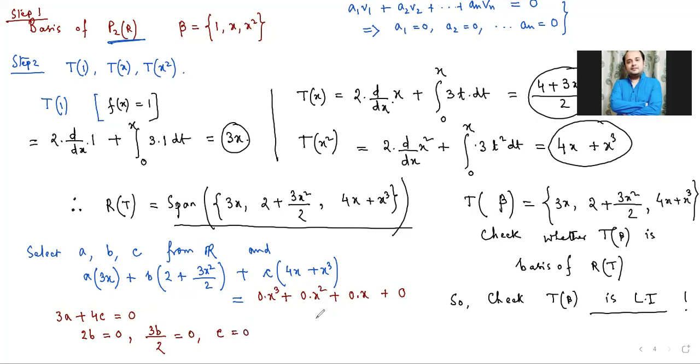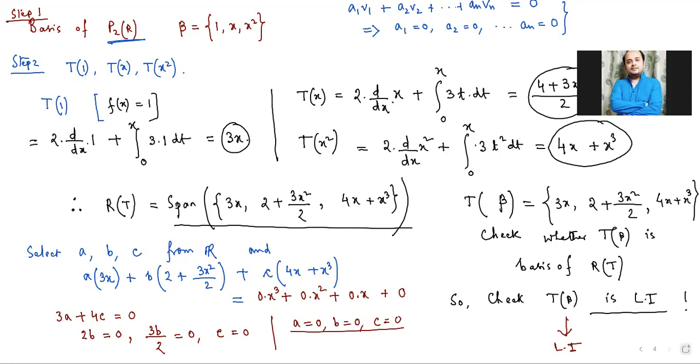Isn't it? So A, B, C are all 0: A equal to 0, B equal to 0, C equal to 0. And therefore this set T beta is a linearly independent set.